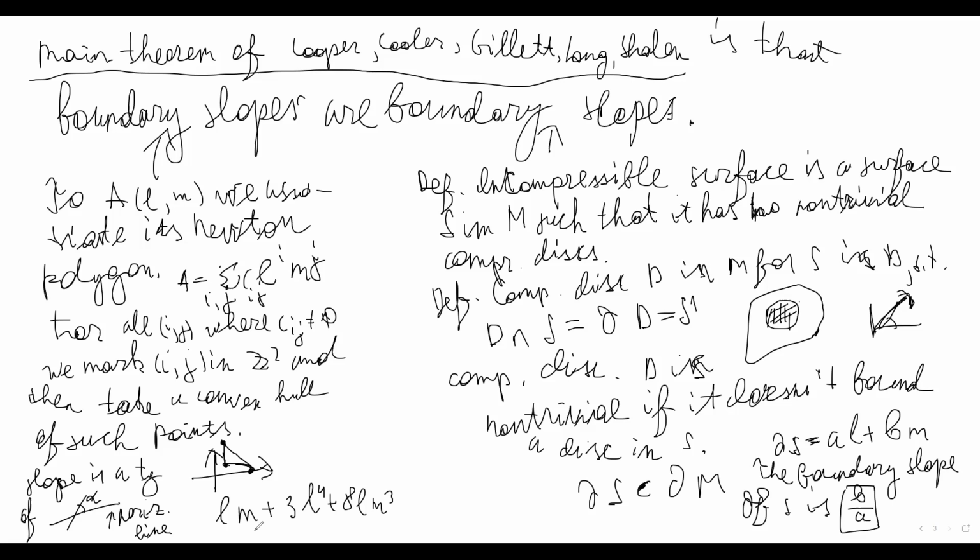Sorry, can you please repeat what b and a are? Okay, so you have a surface inside of M, an incompressible surface. We want its boundary to be inside the boundary of our manifold.